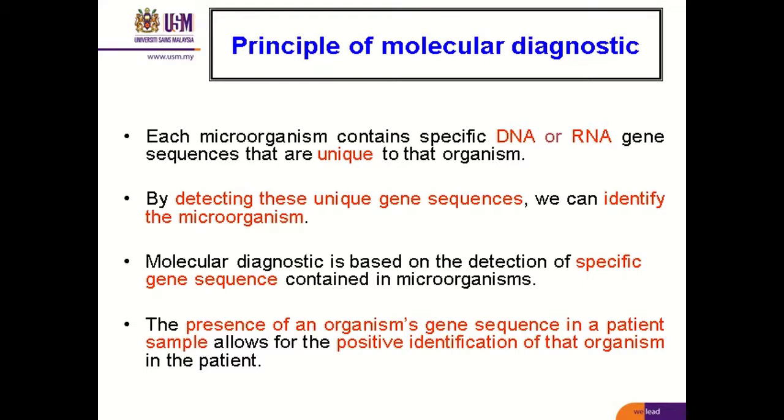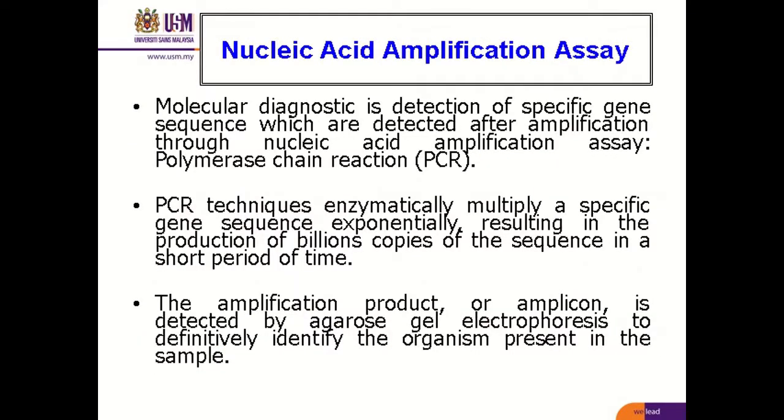The presence of an organism's gene sequence in a patient sample allows for the positive identification of the organism in the patient. Molecular diagnostics is detection of specific gene sequences which are detected after amplification through an amplification assay, PCR.